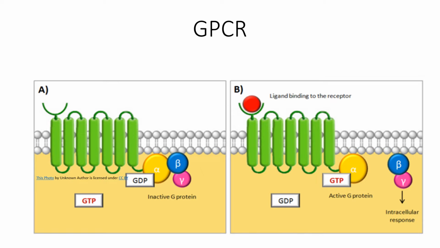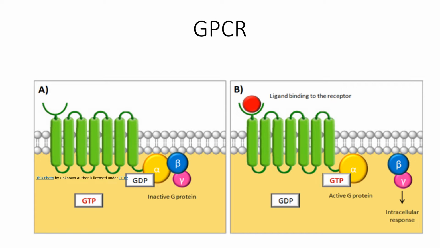Then this GTP binds with the alpha subunit and breaks the alpha beta-gamma. Beta-gamma separates from the alpha subunit in dimeric form, and alpha is in monomeric form, bound with the GTP and activated. These activated G proteins now activate other proteins or enzymes and do further cell responses.